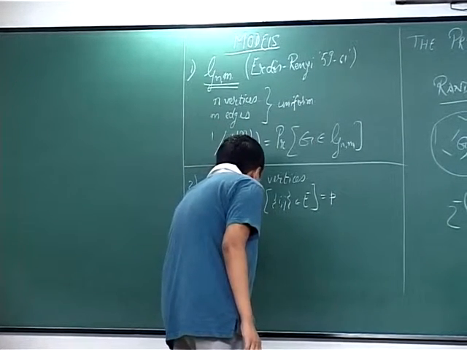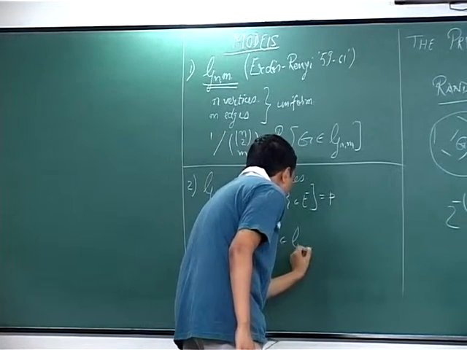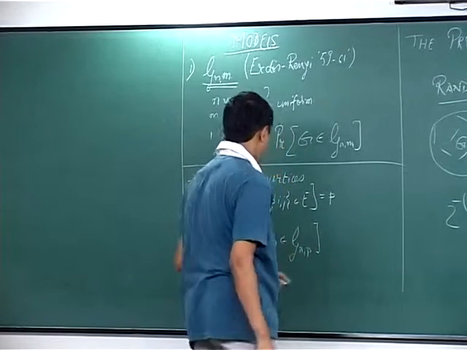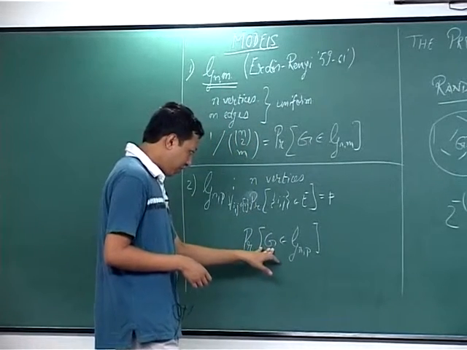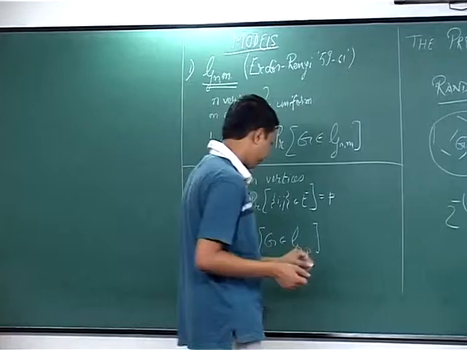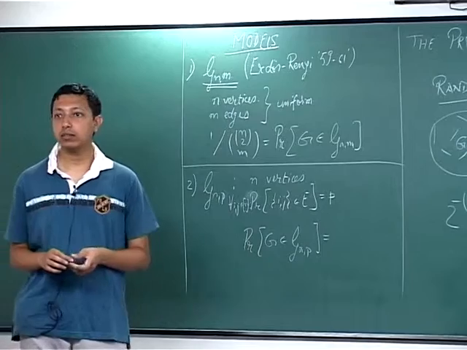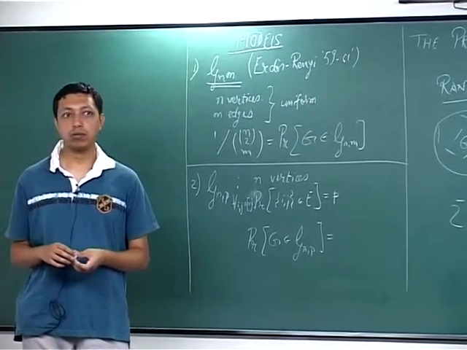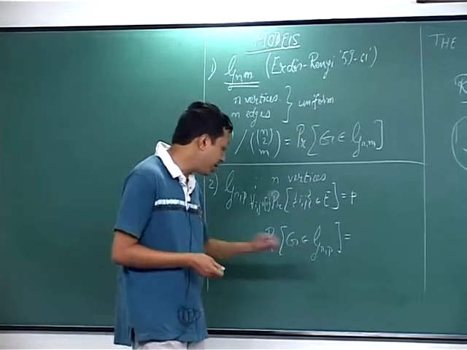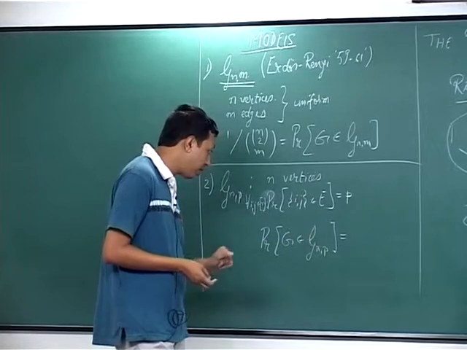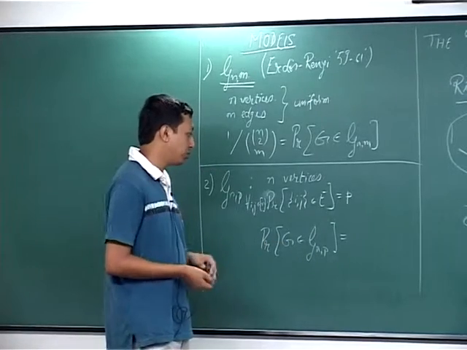So you take a fixed graph G, again what is the probability that G appears? So by this notation, this is a distribution, so what is the probability of this G in this distribution?